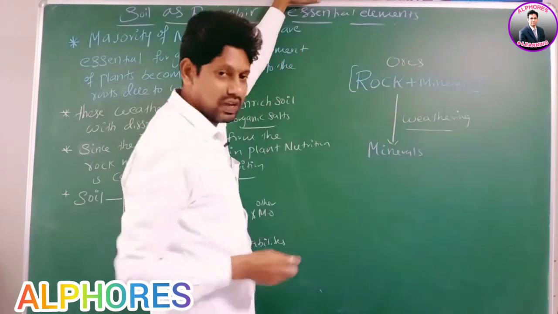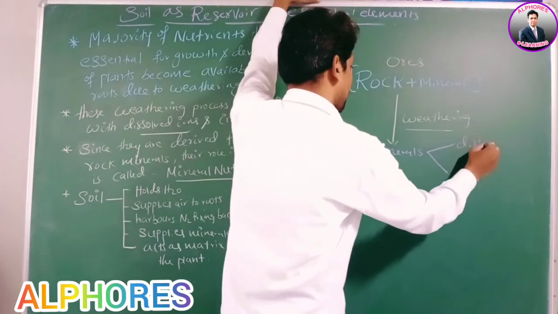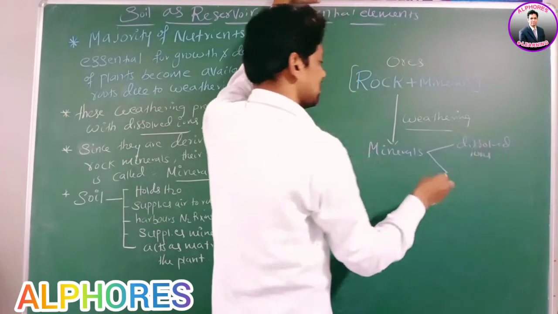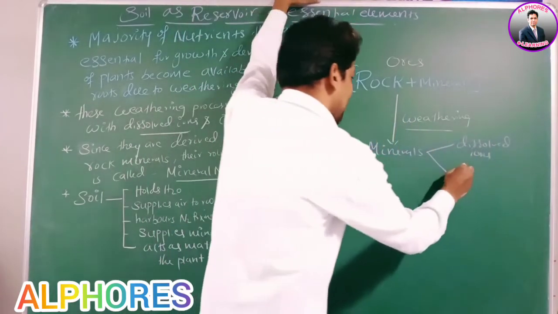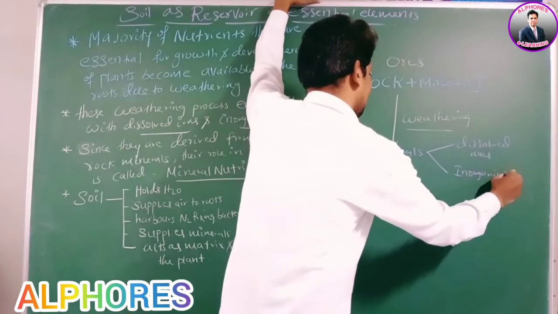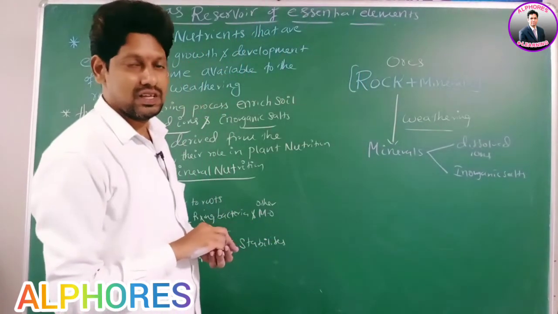Minerals. These minerals, they exist as what? They exist as dissolved ions. It means they dissolve in the water present in the soil, as well as in the form of what, sir? Inorganic salts. Is this statement clear?